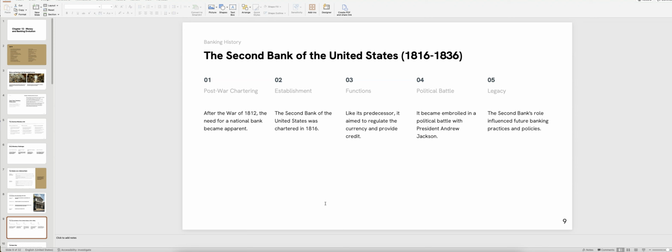And with no central bank to control the currency, the War of 1812, unlike the Revolutionary War, was financed primarily through inflation. Basically, the government just printed a bunch of cash.